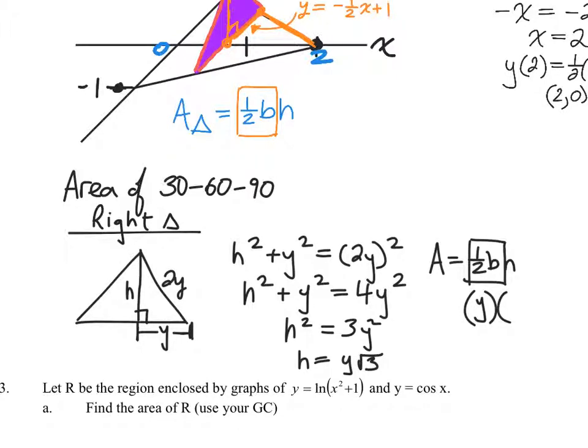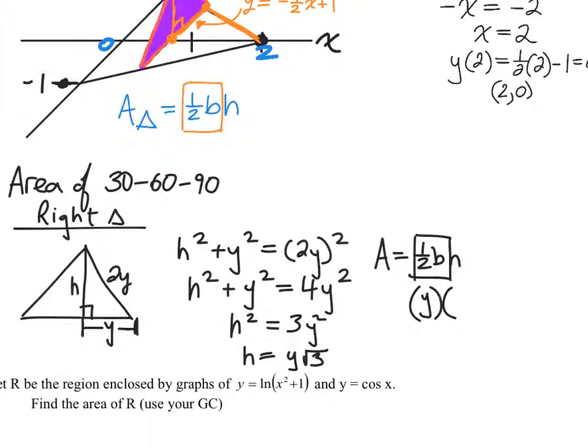We just discovered that the height is y radical 3. That's this guy here. An area of an equilateral triangle would be y squared radical 3.